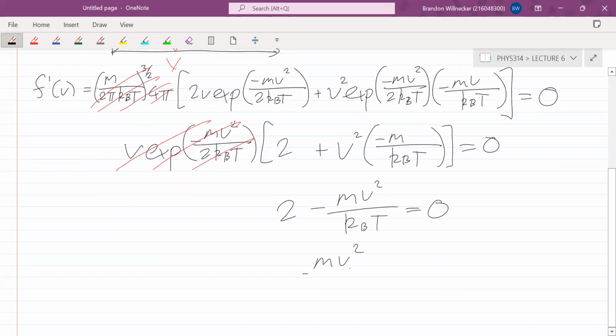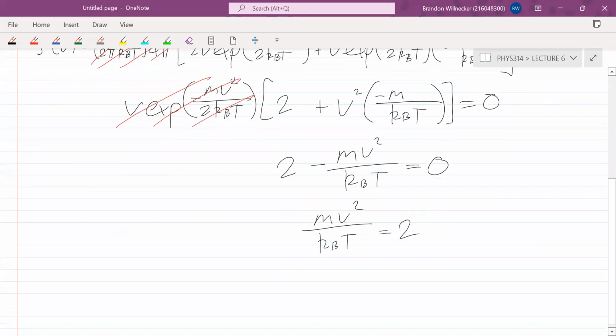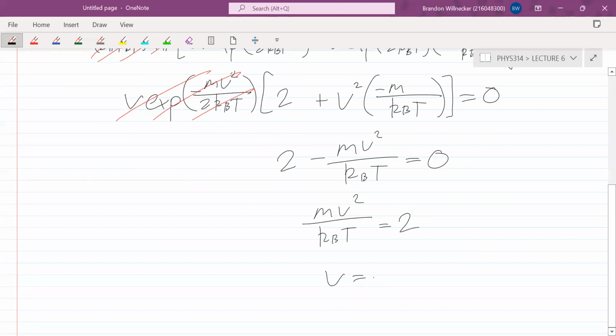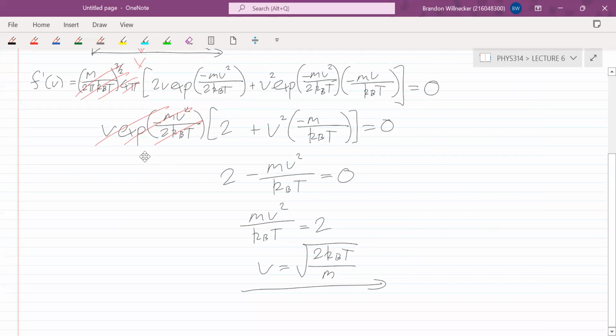So mv squared over kBT is equal to 2. And so v is equal to the square root of 2 kBT over m. Okay, so that is our most probable velocity.